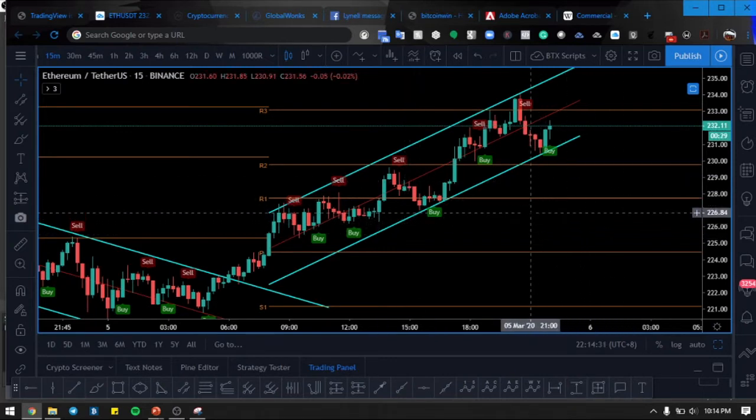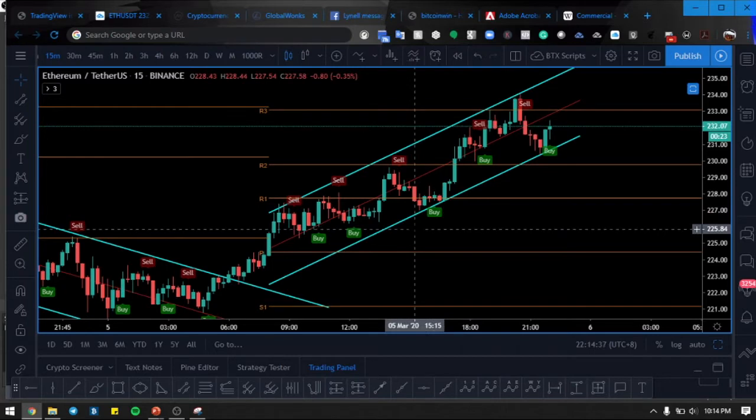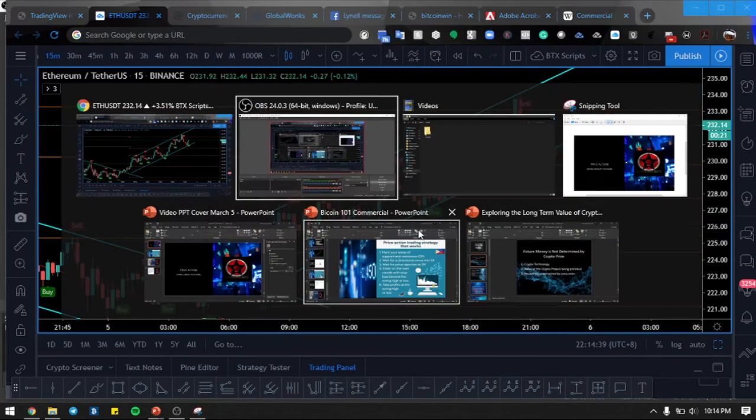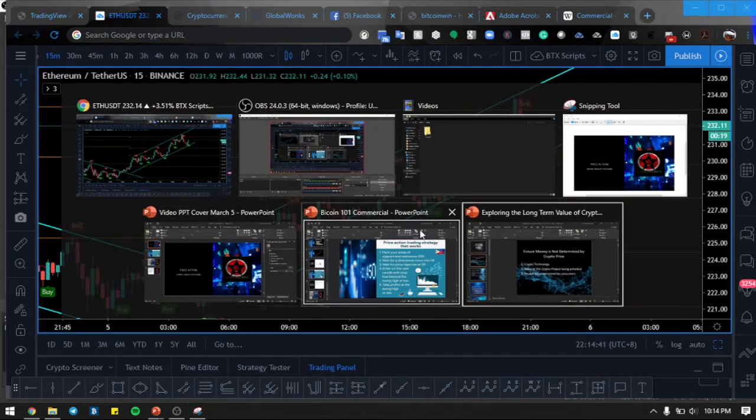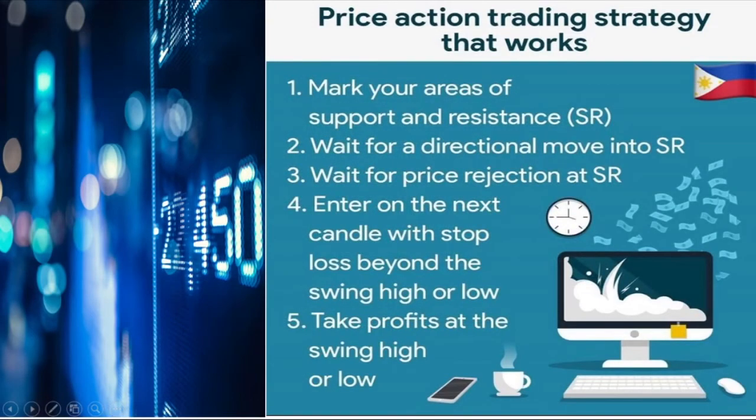So if we are to place a trade basing from this graph, you will have to call the shots. Let's go back to our rule number one: you have to mark your areas of support and resistance. That's what we did with the graph that we just showed you a while ago.